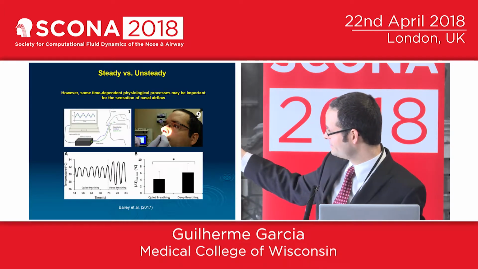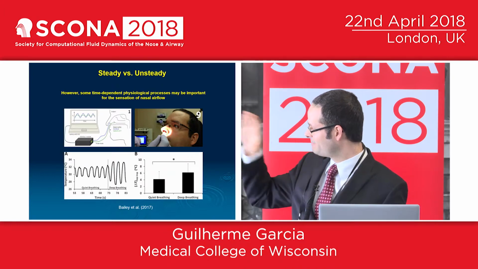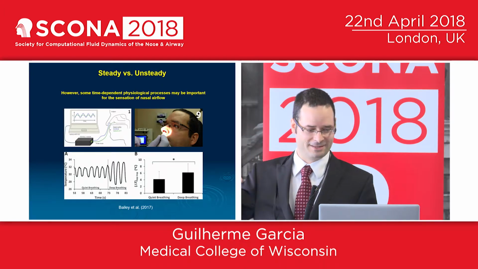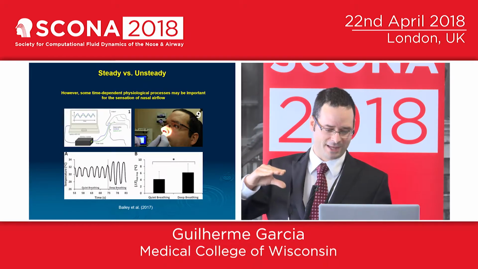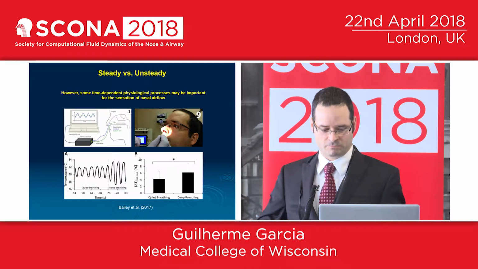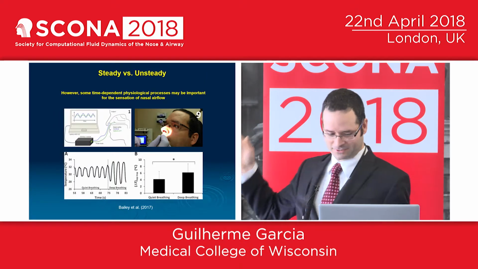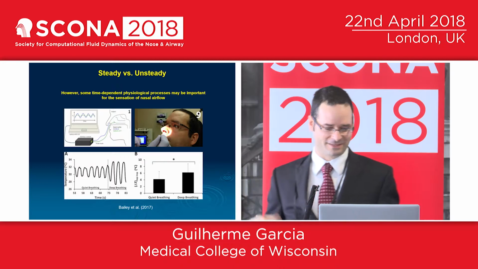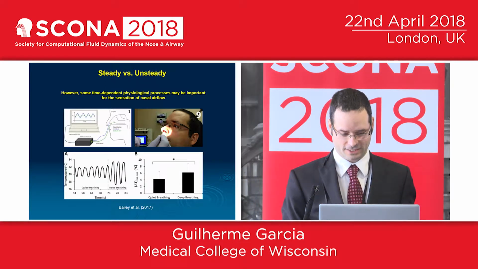On the right-hand side is a comparison of the minimum and maximum change in nasal mucosal temperature during a cycle, from quiet breathing to a deep breath. You can see that with a deep breath, there's a higher range. If you want to reproduce this, you need unsteady simulations.